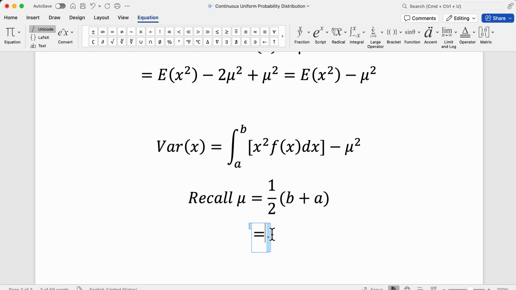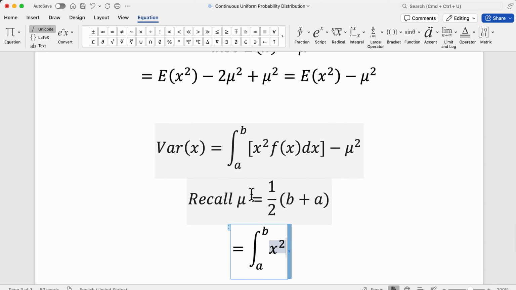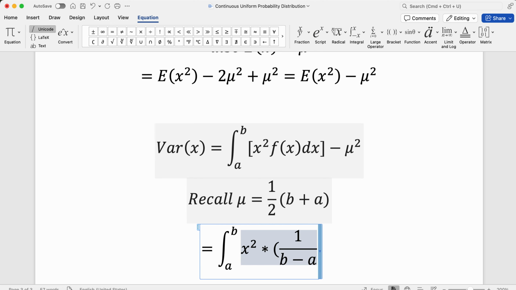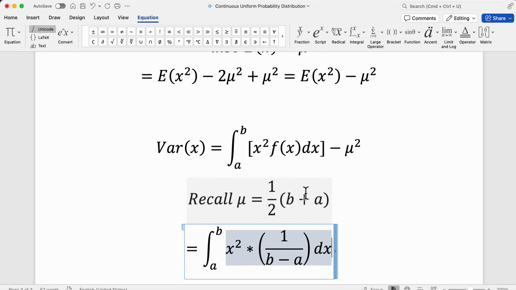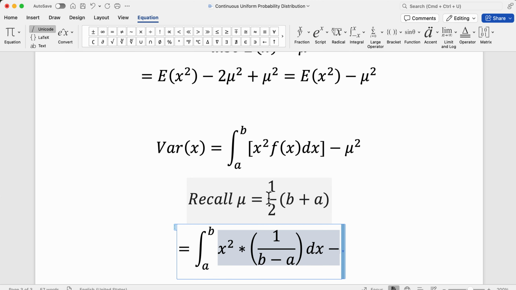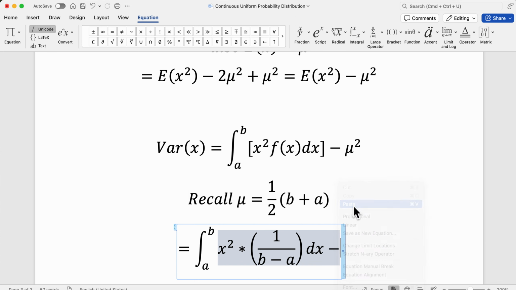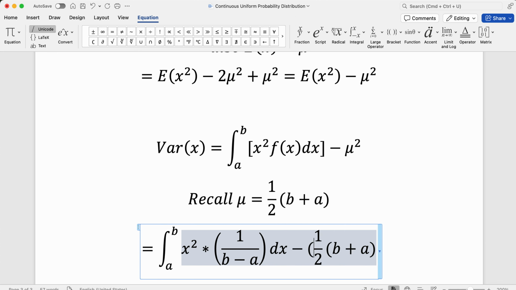The integral from a to b of x squared, the probability density function, times 1 over b minus a dx, minus this quantity all squared.